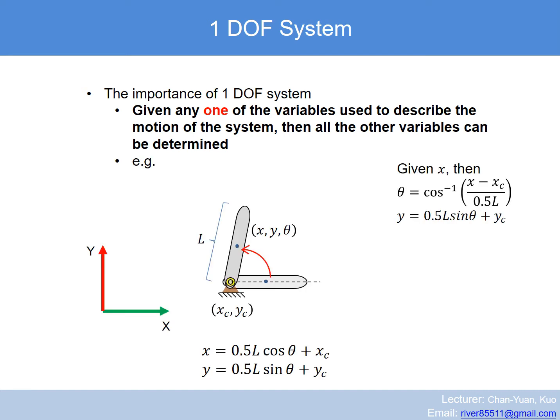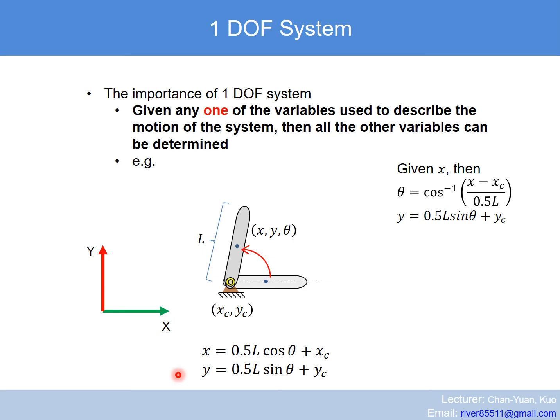Here is the example we have seen in revolution joint, and as we have explained, this is a 1DOF system. In order to prove that it is possible to determine all other variables used to describe the motion of the system after any one of the variables is given for a 1DOF system, let's assume that the x-coordinate of the point on the rigid body over here is given, and recall the fact that x equals 0.5L cosine theta plus xc, where xc is a fixed and known value.